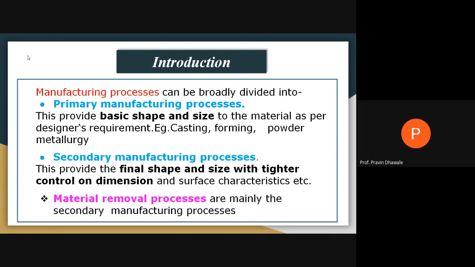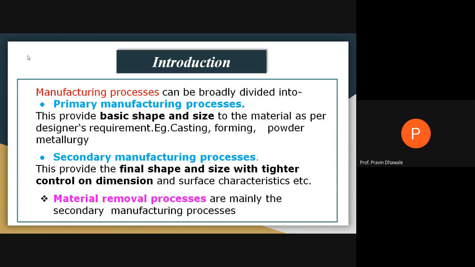Means with a close tolerance they provide the final shape and size. At the same time, they provide good surface characteristics. What is surface characteristic? It may be called surface roughness or surface finish.